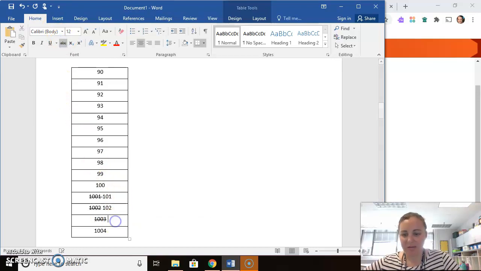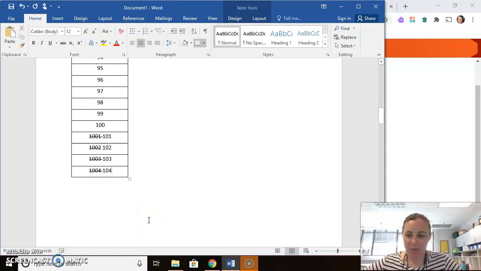It says 1003. So I would correct that to 103. And then now we should know that this last one is wrong, 1004. Let's change that to 104. Now we have this correct, 100, 101, 102, 103, 104.